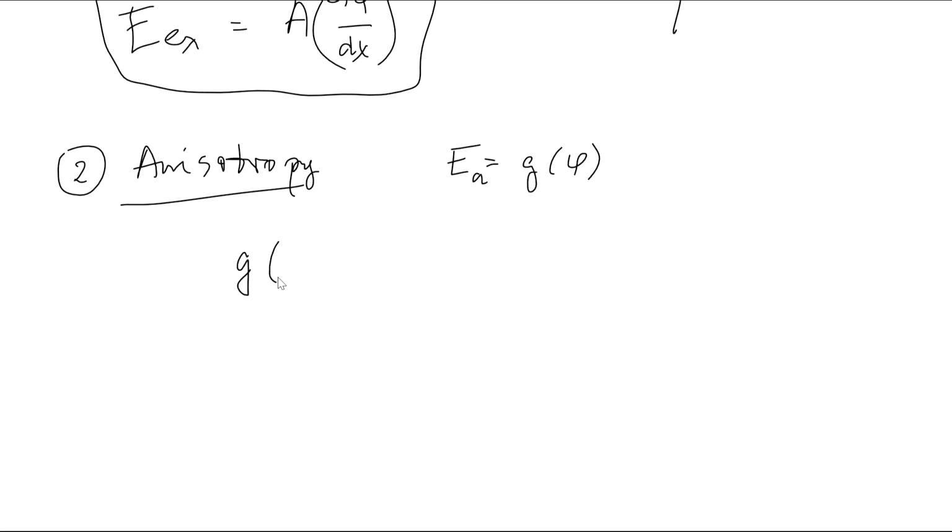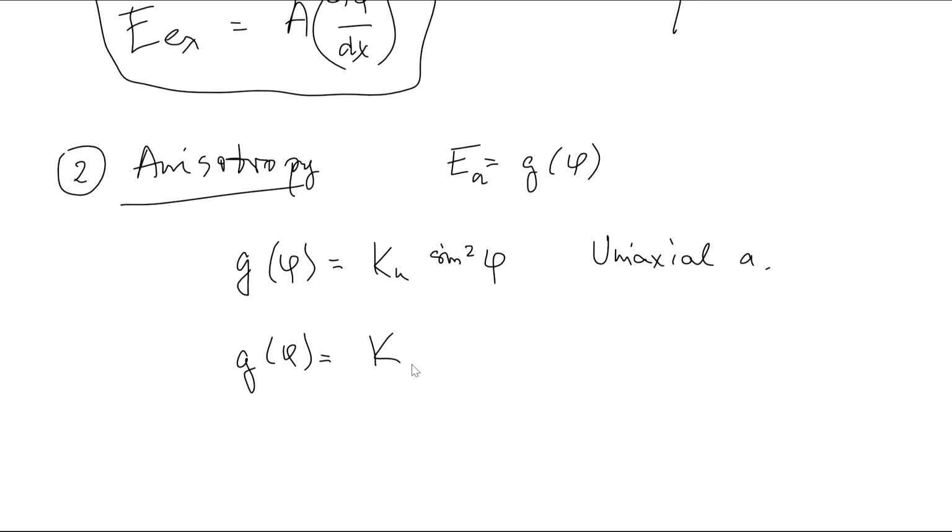If you take uniaxial anisotropy, this function would be the anisotropy constant times sine squared phi. That's for uniaxial anisotropy. For biaxial, or let's say cubic anisotropy, that's sine squared phi cosine squared phi.